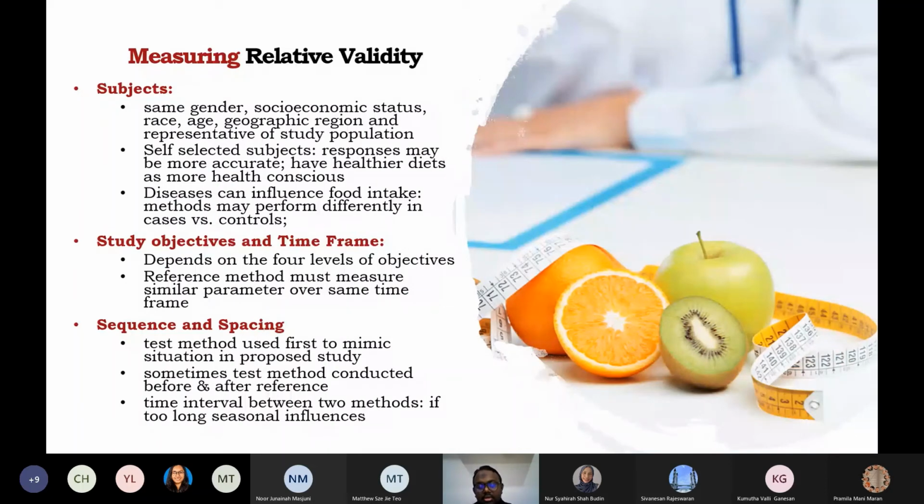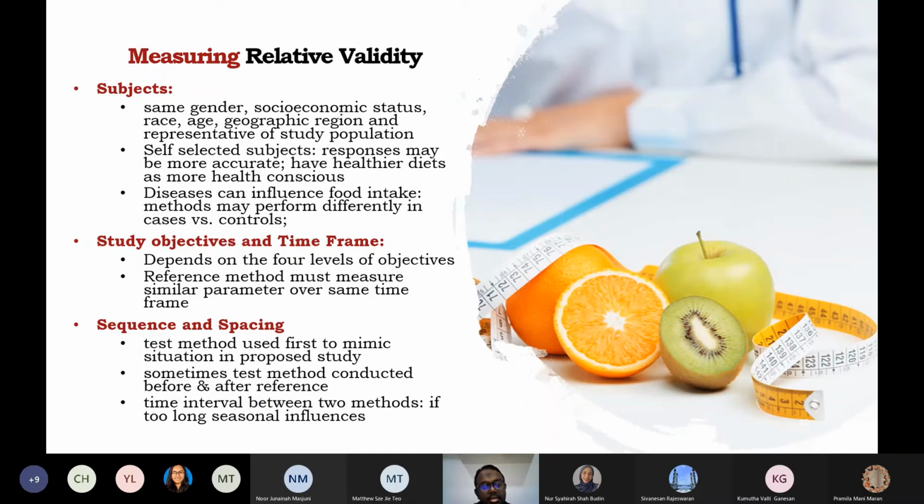So you can do the test method before the reference method, and then the second time you do the reference method, and then you repeat the test method a third time at the end of the study. So you have 3 time points for relative validity. This is to avoid training and also sequencing of food intake.